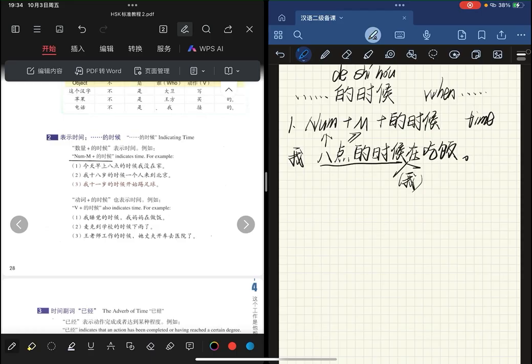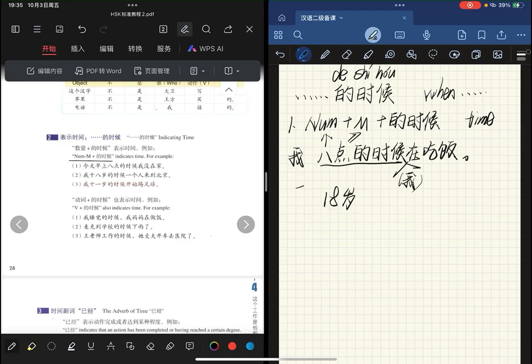For another example, when I was 18 years old, 18岁. So when I was 18 years old, I was in college.